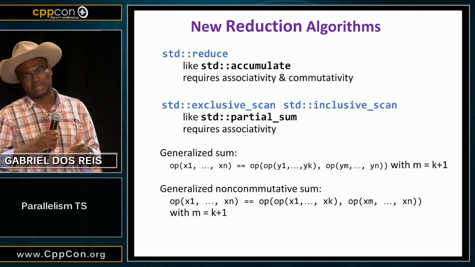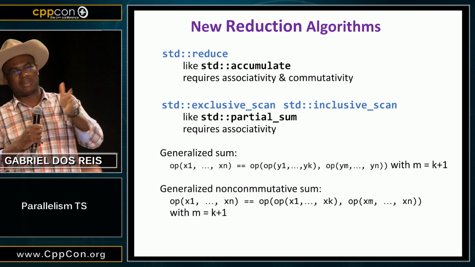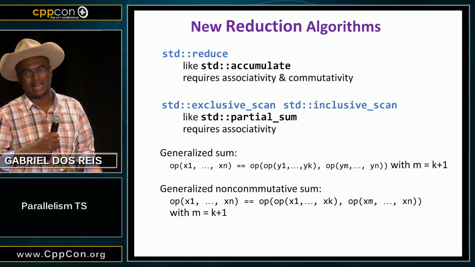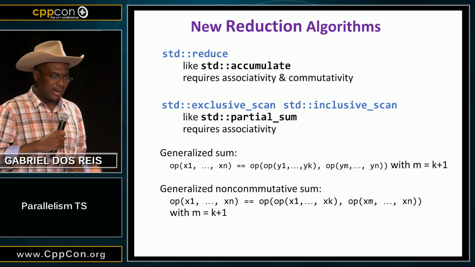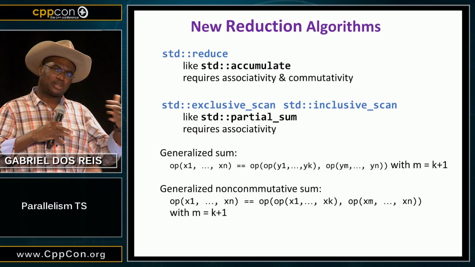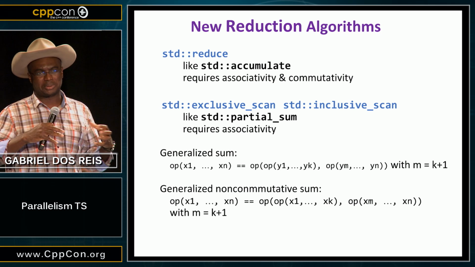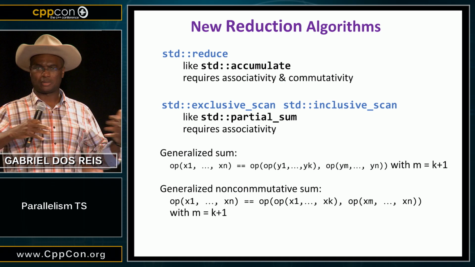So the inclusive essentially says, well, you want to do the partial sum at the i-th iteration, do or don't include the i-th number in there. And for this to work properly, you need the operation to have some mathematical property to make sense.